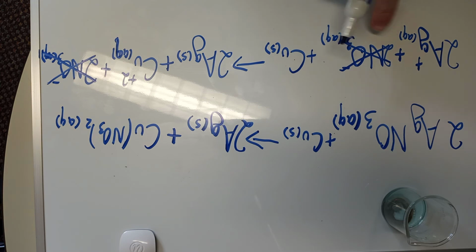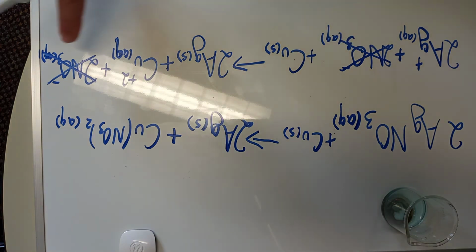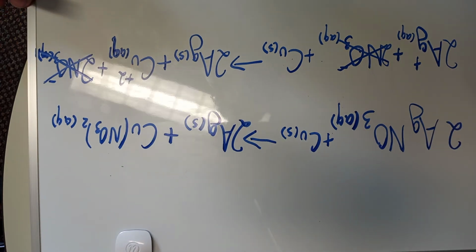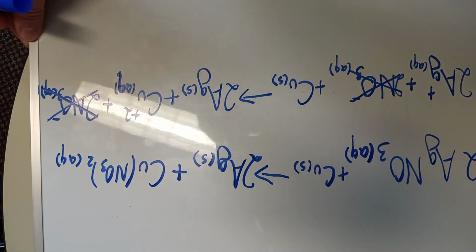The NO3s were floating in the water before the reaction. They were still floating in the water after the reaction. They did nothing in the reaction except spectate, or stand by and watch the reaction going on. So we're now going to rewrite this equation minus the things we just eliminated.